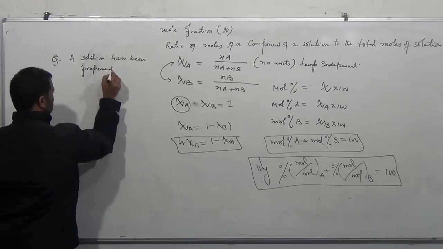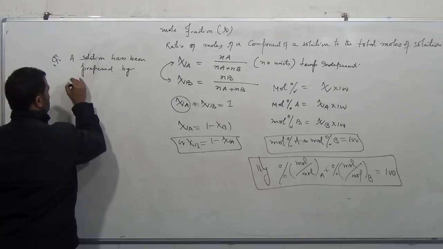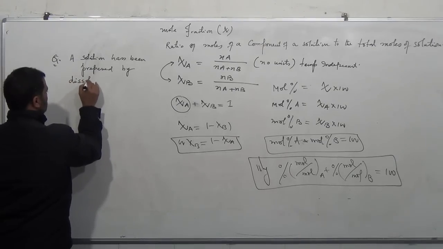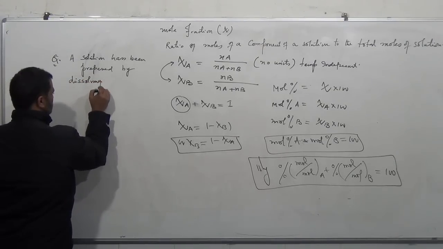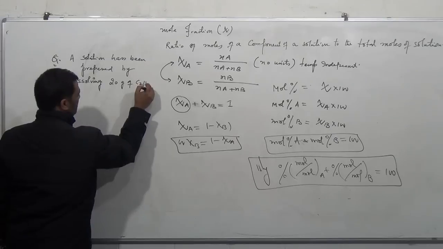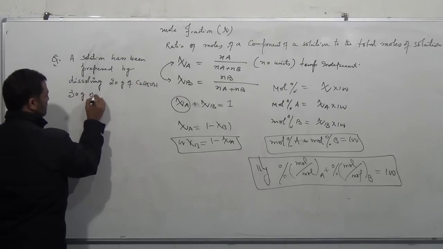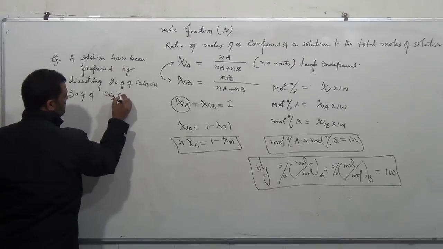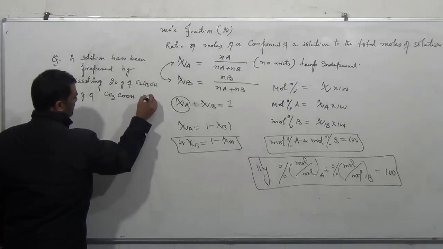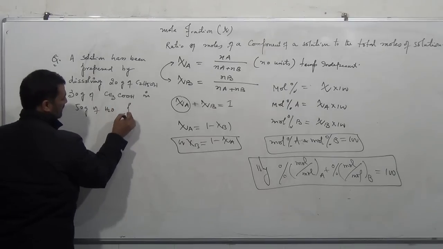Everybody will note that a solution has been prepared by dissolving 20 grams of ethanol and 30 grams of acetic acid in 50 grams of water.